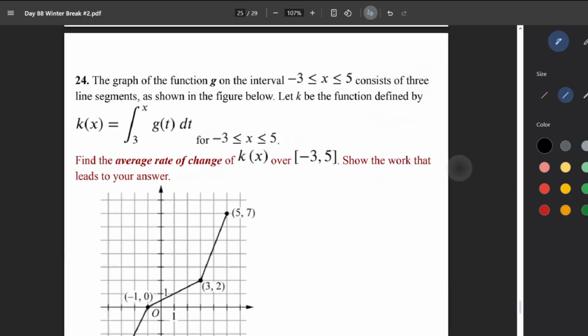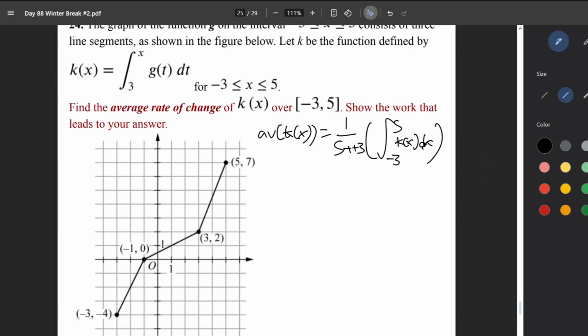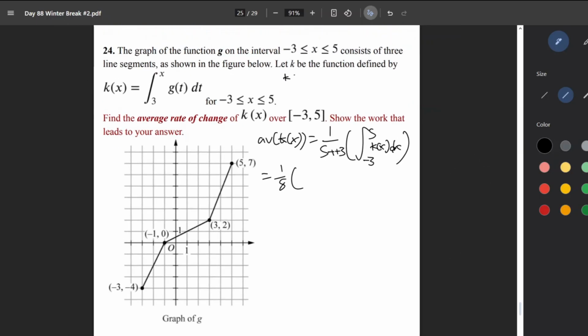Wow, nice lag. So another average, so we use AV of k of x, then 1 over 5 minus 3, so it turns plus, then the integral from negative 3 to 5 of k of x dx. So this would equal 1 over 8 of, to find k of 5, k of 5 equals the integral from 3 to 5 of g of t dt.